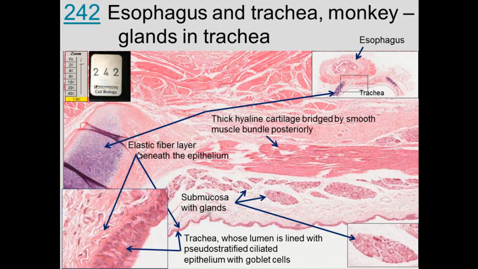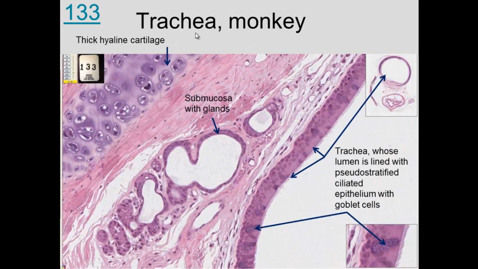The respiratory epithelium, there's also elastic fibers just inside there, inside the respiratory epithelium. There's also glands, and we can see mucus and serous glands in there contributing to the secretions. Now this is muscle here of the esophagus. Here we see the trachea of a monkey, hyaline cartilage again, perichondrium, submucosal glands, and you see the respiratory epithelium. And note it has a very, very thick basement membrane in through there, much thicker than is typical.